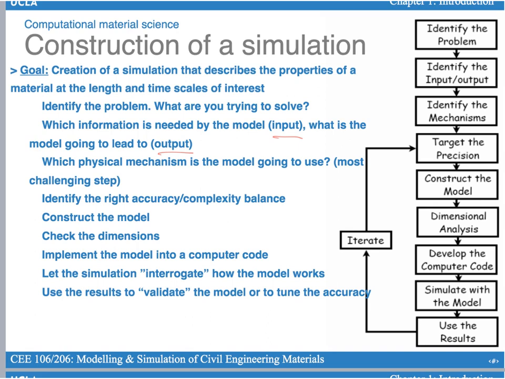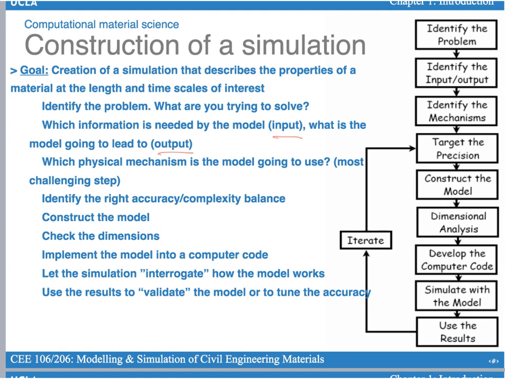The more accurate you want your simulation to be, the more complex it will be, the more time consuming, the more computing power you will need. And the more efficient you want your simulation to be, the faster you want it to give you an answer, then the less accurate the simulation will be. So you need to find the right balance between how much accuracy you want and how much complexity you are willing to accept.